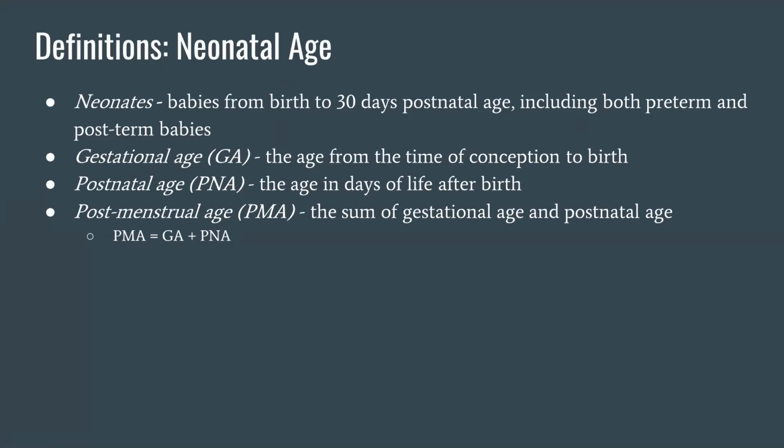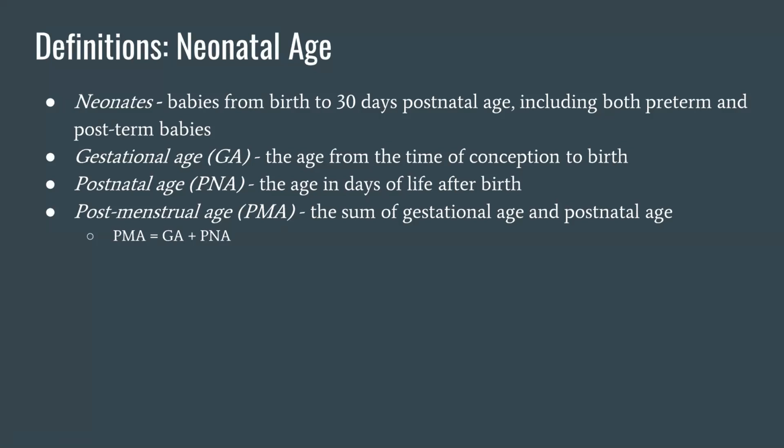So these first definitions are pertaining to the baby's age. Neonates are from birth to 30 days old, regardless of whether they are preterm or postterm babies. Gestational age is the time from conception until birth, and that's used to dose certain medications. It's also used in a lot of the notes on the patient chart.